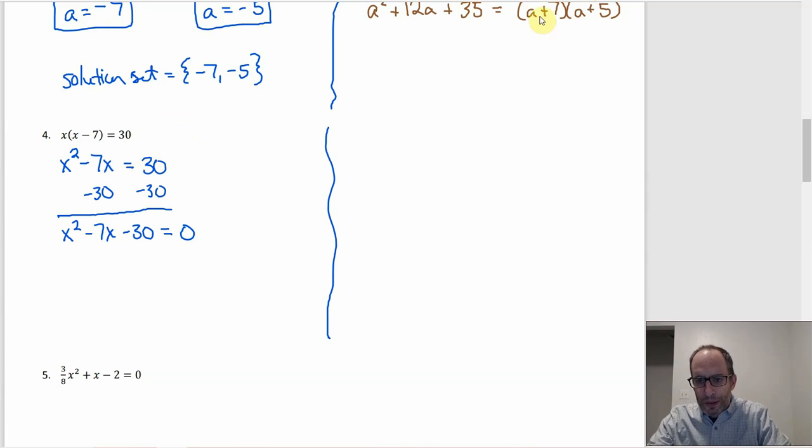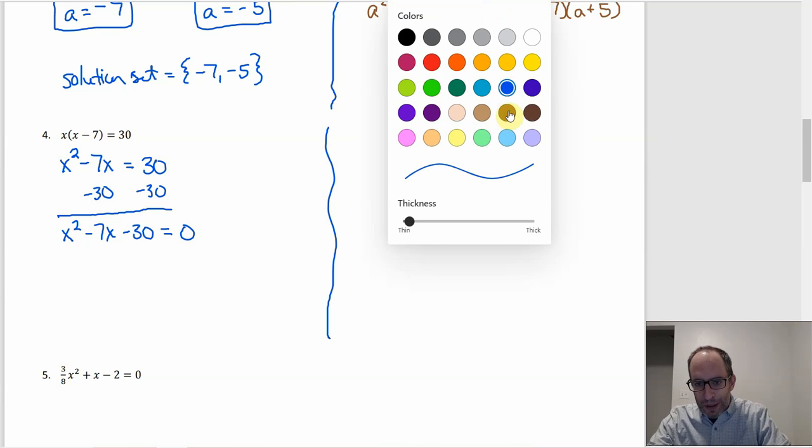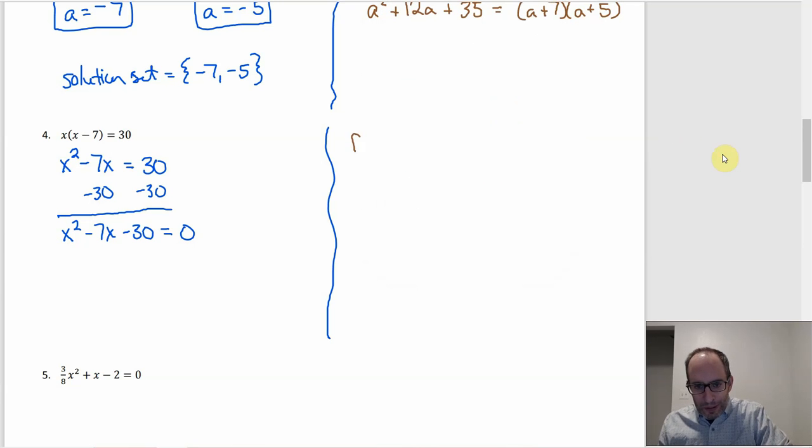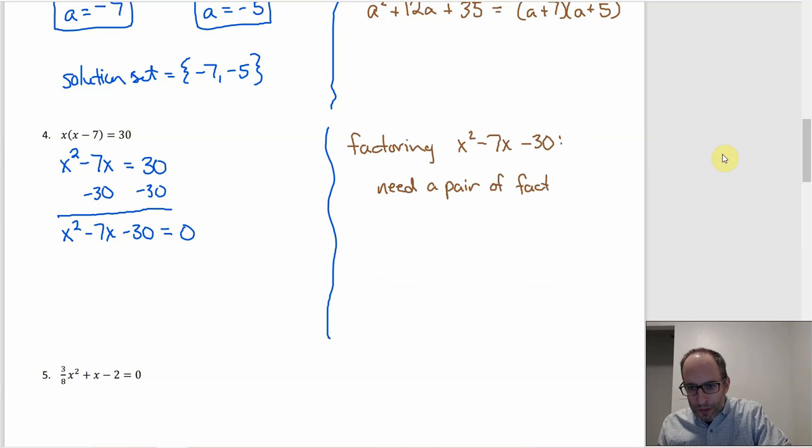So let's see here. I guess go back to the brown. So factoring x squared minus 7x minus 30. So we're going to need a pair of factors of negative 30 that sum to negative 7.